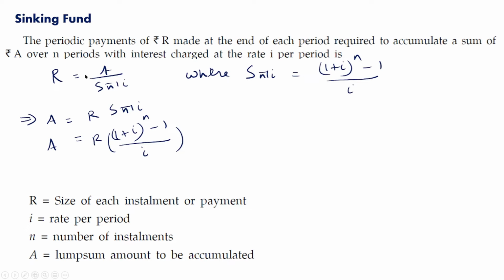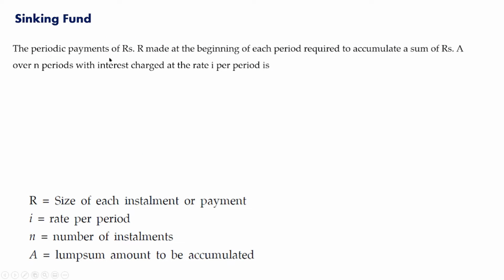Now this is the formula which is used when the periodic payments of rupees R are made at the end of each period. On the other hand, if the periodic payments of rupees R are made at the beginning of each period, then the relation between this R and the amount to be accumulated in the sinking fund A over n periods with interest charged at rate i per period is given by A is equal to R into S angle n plus 1 at i rate per period minus 1.